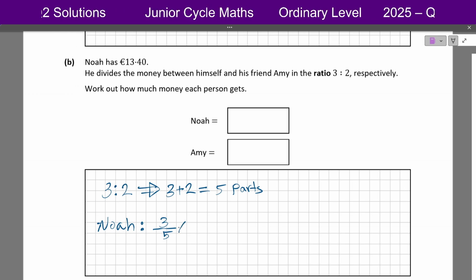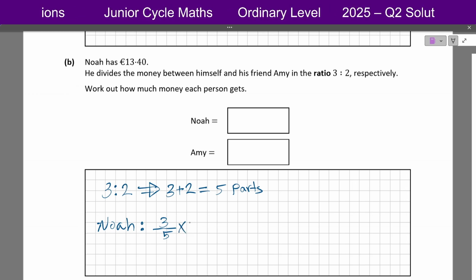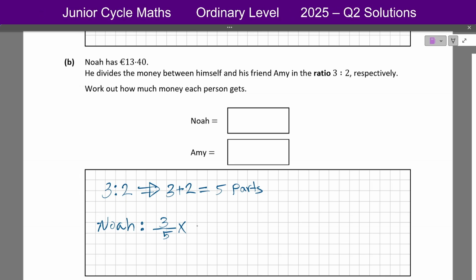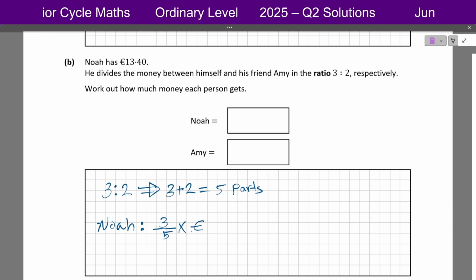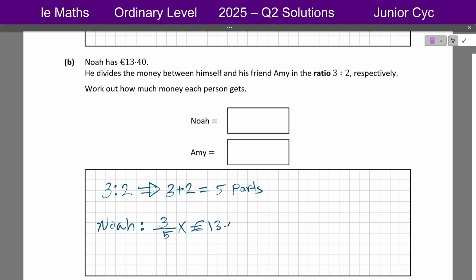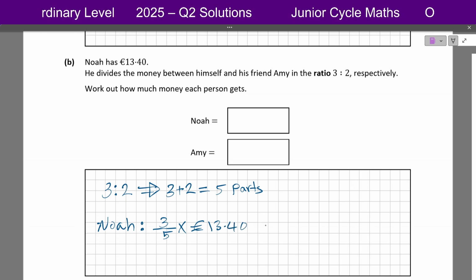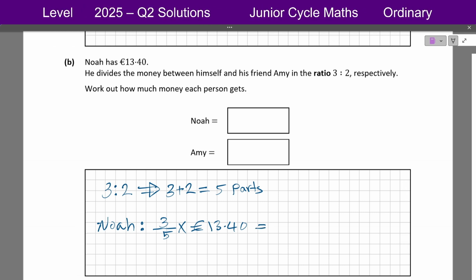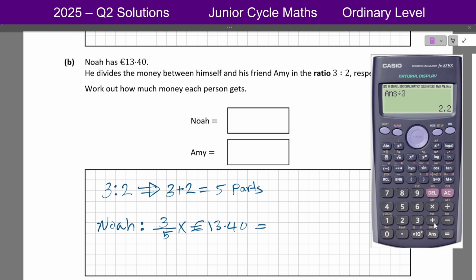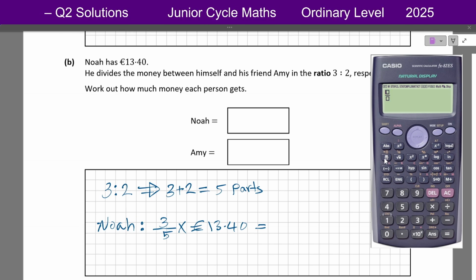We need to multiply this fraction by the total amount of money, which is 13 euros and 40 cents. So we bring the calculator and use the fraction form.